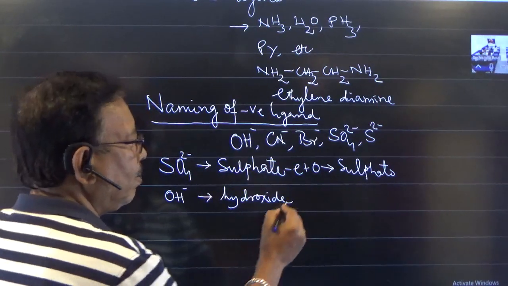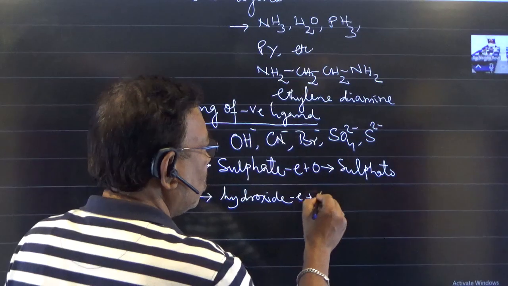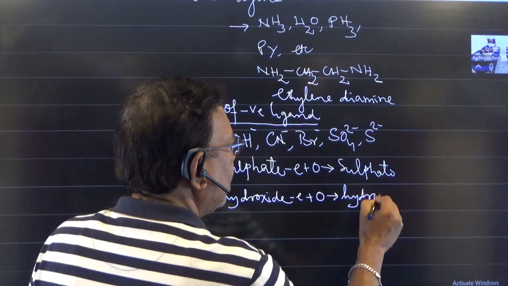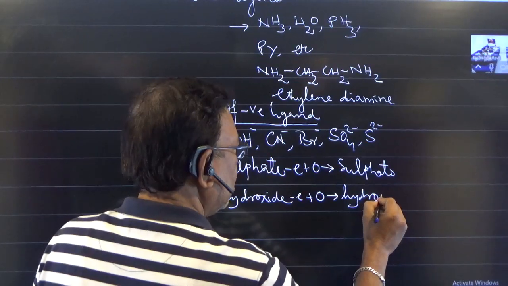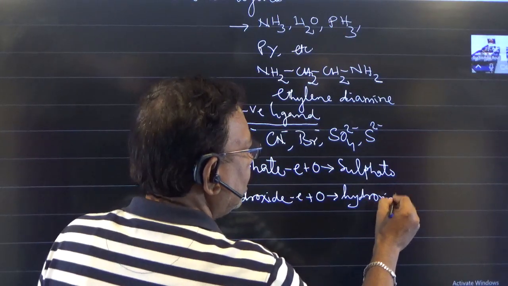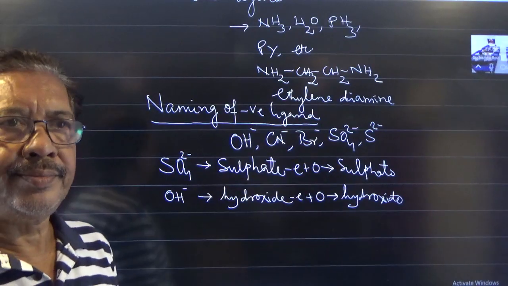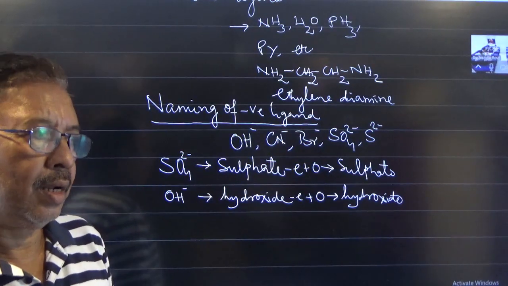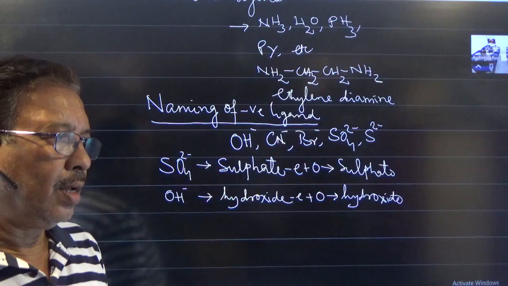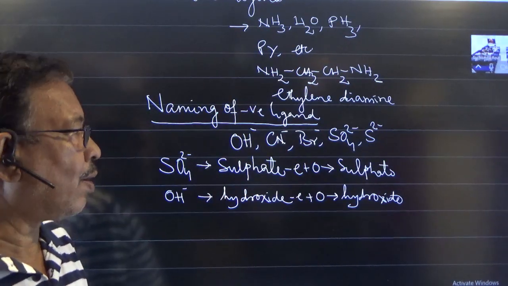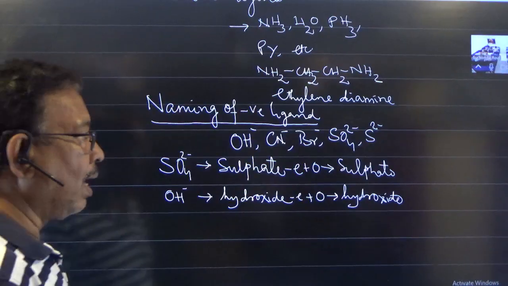Hydroxide minus E plus O: hydroxido. Are you clear? Hydroxido.